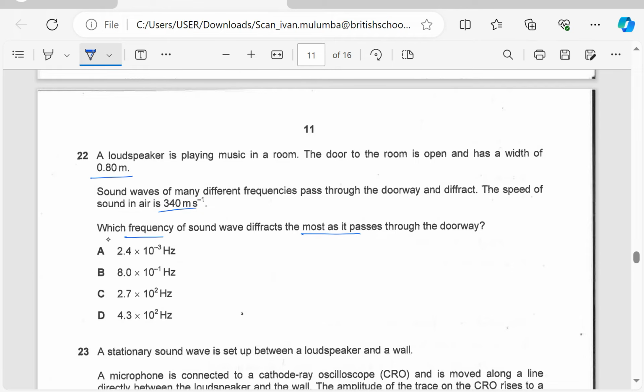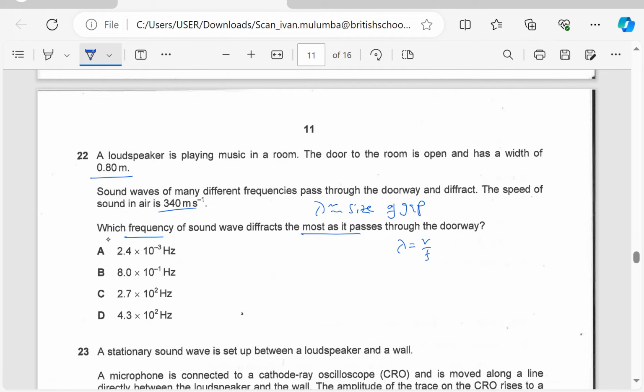So, of course, we know that the wavelength should be approximately the same as the size of the gap for diffraction to be maximum. So we have to check these frequencies to see which one gives us a wavelength very close to 0.8. So from wavelength equals V over frequency.